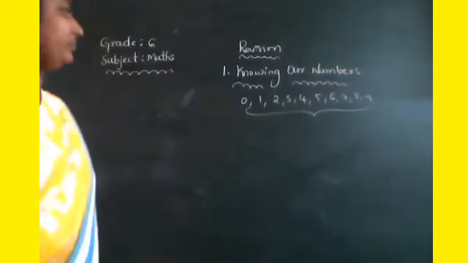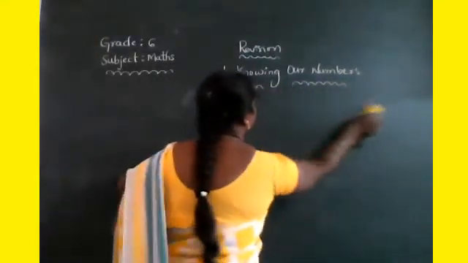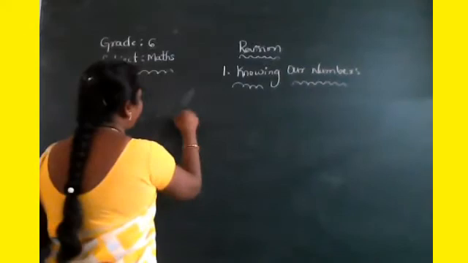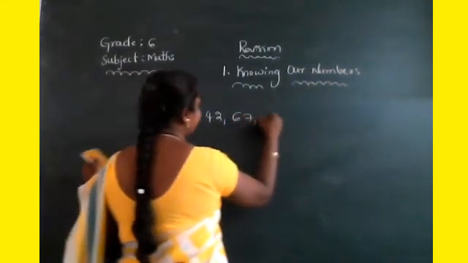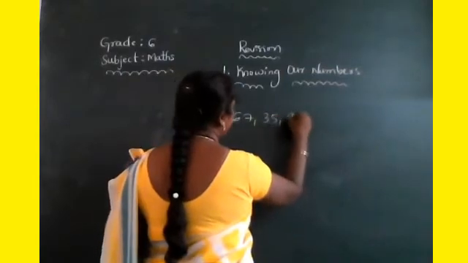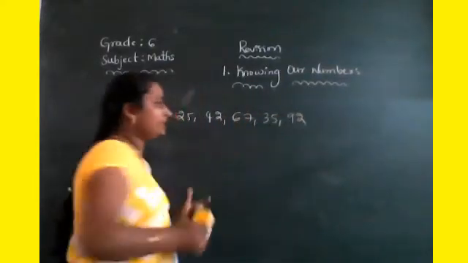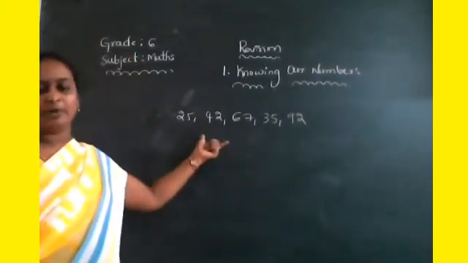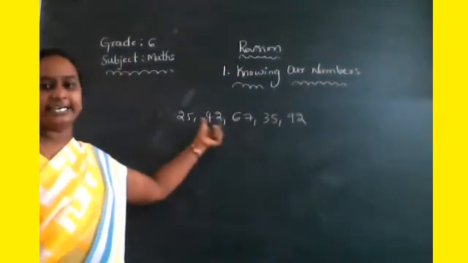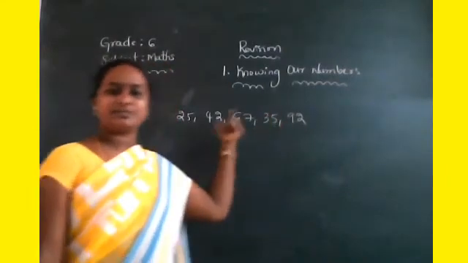Suppose 25, 42, 67, 35, 92. Like that you can take any number. Among these, which one is greater and which one is smaller?